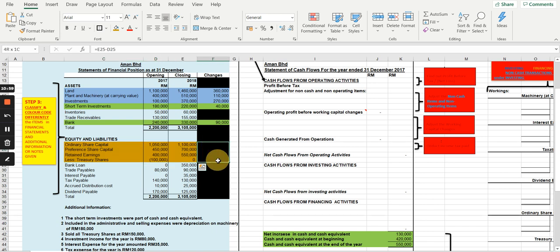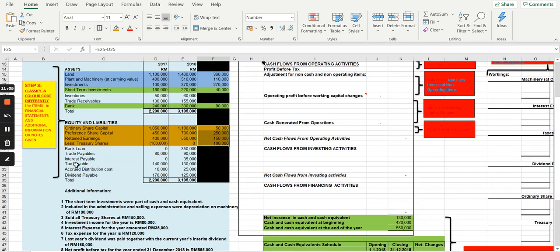So the same thing should be done here. We find out the changes, the net changes. Next, we go and check another item here. So this one I classified under my financing activities. You can also put dividend payable under operating, but in my presentation, I opt for the requirement under financing, right?